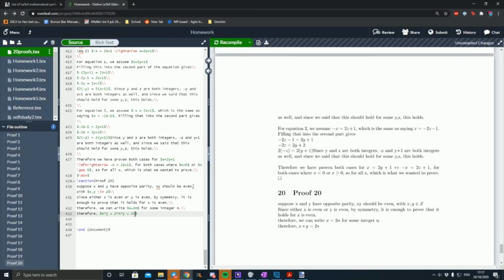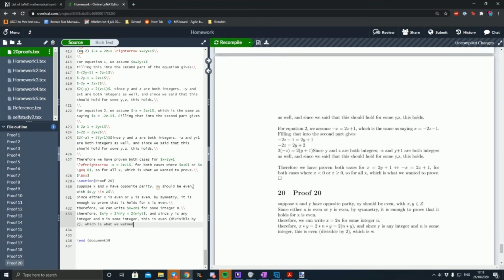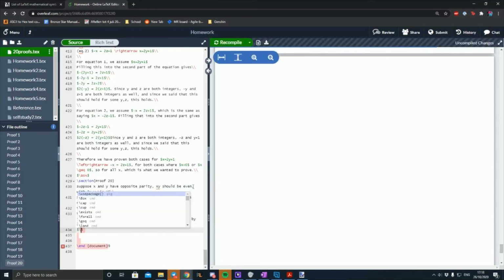And since n times y is an integer, this is even, divisible by 2, which is what we wanted to prove. Box.